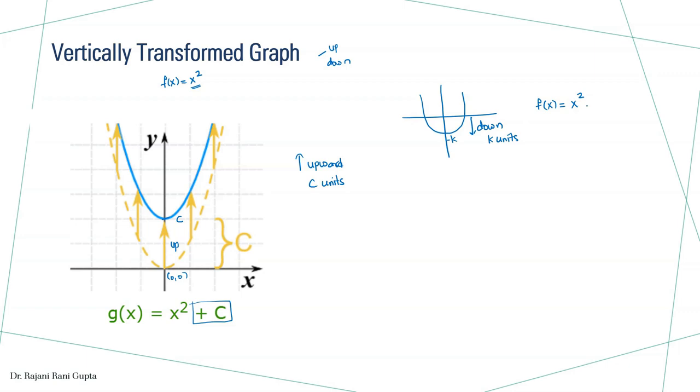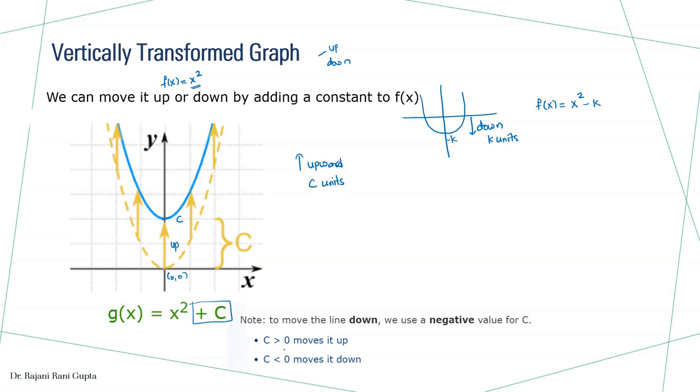So you write x square minus k for downward. Okay. So you just need to remember upward means you will write plus c. Downward means minus, and the number. So this is what it says: if c is greater than 0, it moves up. If c is less than 0, it moves down.